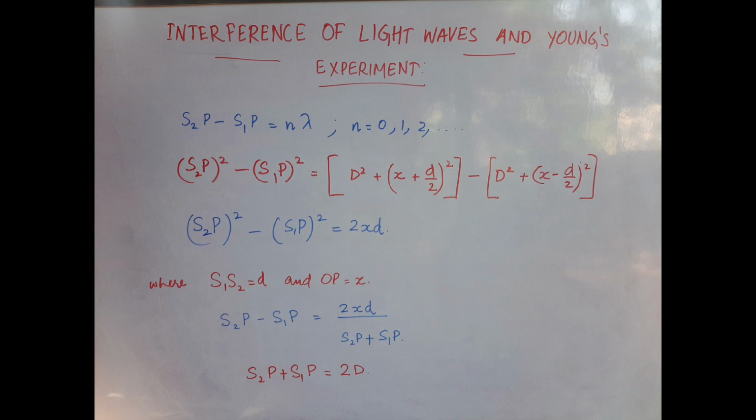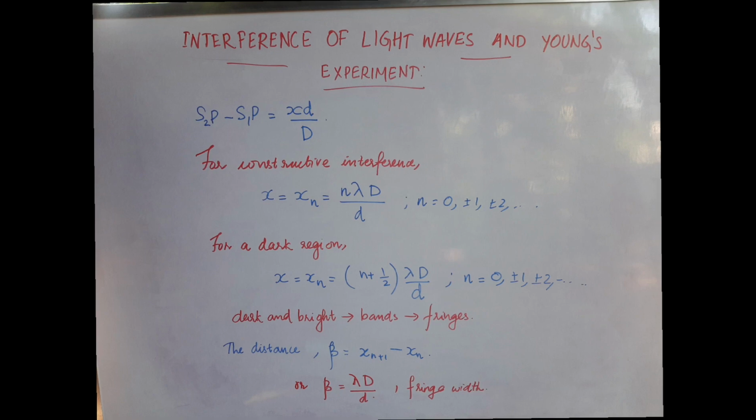So S2P plus S1P is 2D. You can substitute in this equation: 2 cancels and you will get xd by D. So S2P minus S1P is equal to xd by D.